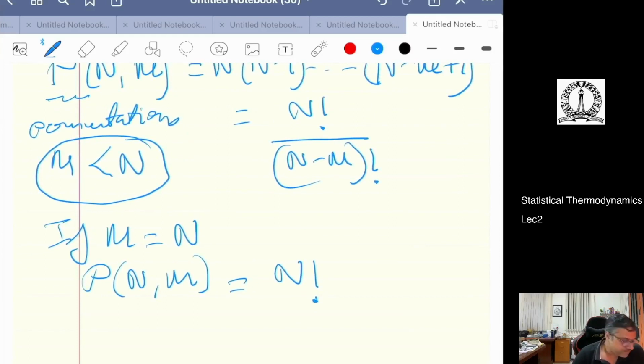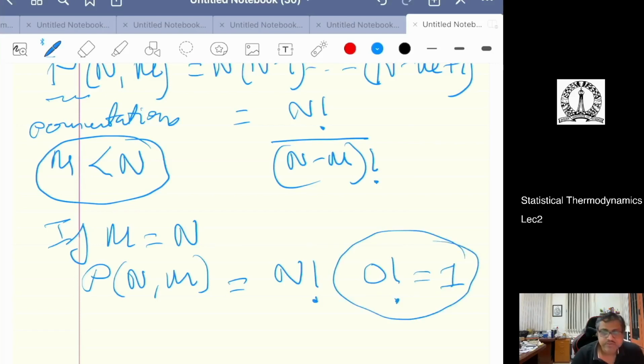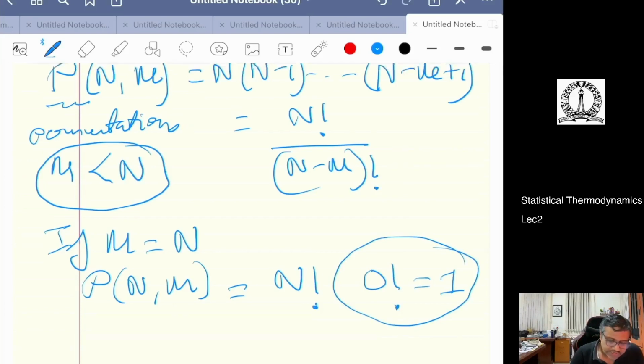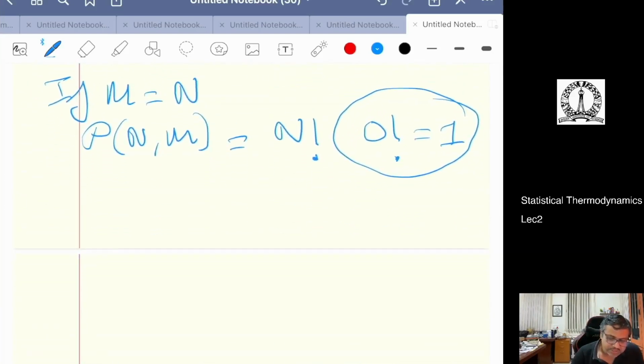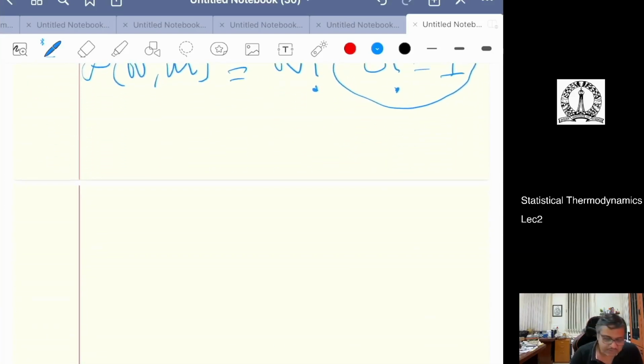So this is n factorial, where if you recall 0 factorial is 1, just to keep this in mind. So instead of 4 objects, now we have n objects, and you are taking out m items of them. You can take all the n objects. In that case, m and n are the same.